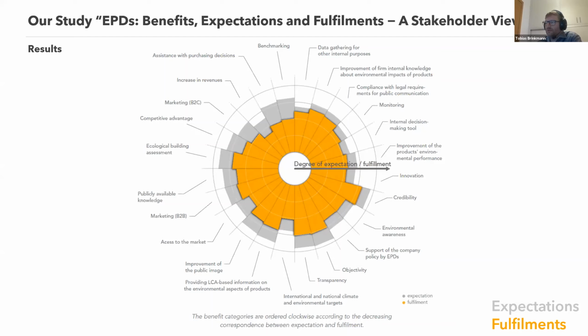The gray areas behind this scale are the expectation, and the yellow area is the fulfillment. And the further out you get from the center of this graph, the higher the expectations or the fulfillment were.